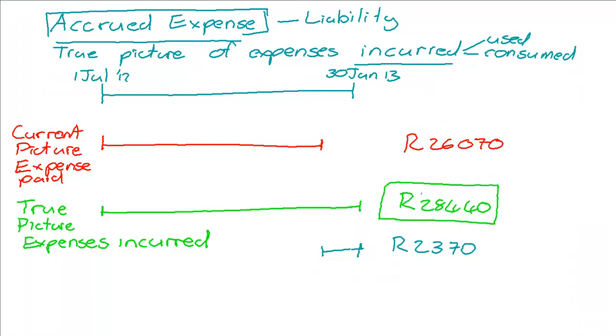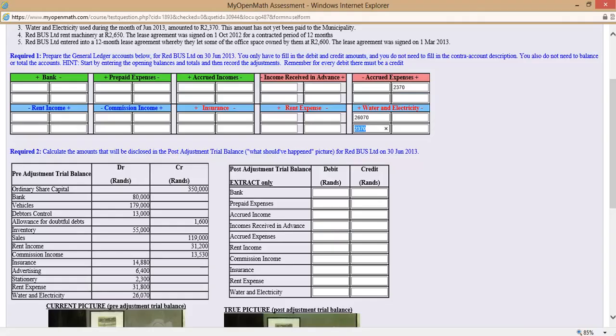That's the true picture, so we can fill that in, 28440. That's how much water and electricity we actually used, and our accrued expense is what we owe. It's a liability. Remember, if a liability increases, debit-click tells us that it is going to go on the credit side. Debit-click credit: liabilities, incomes and capital.